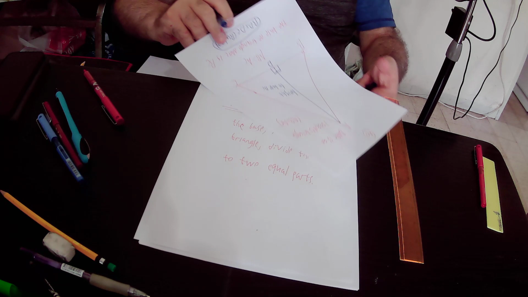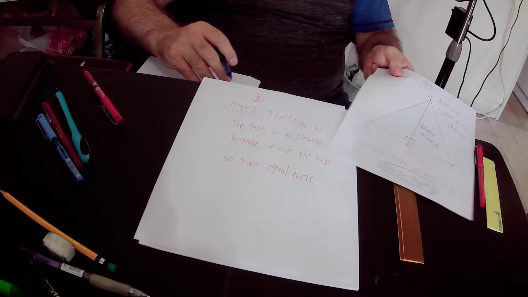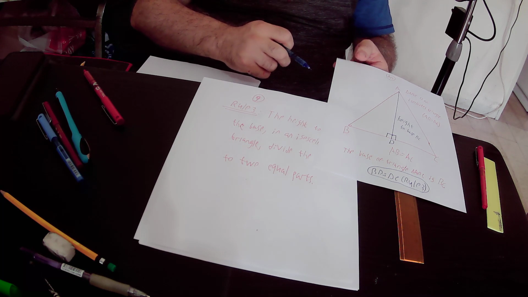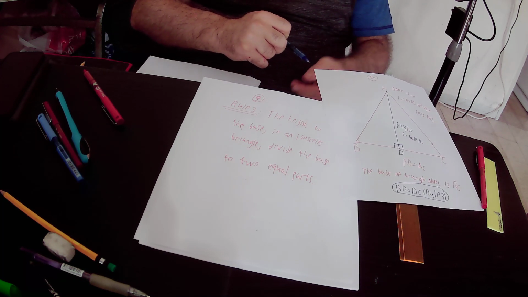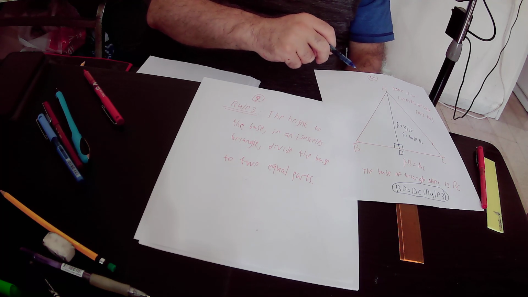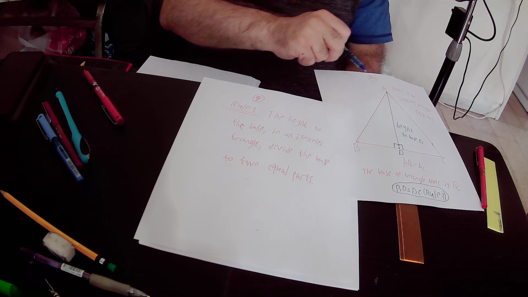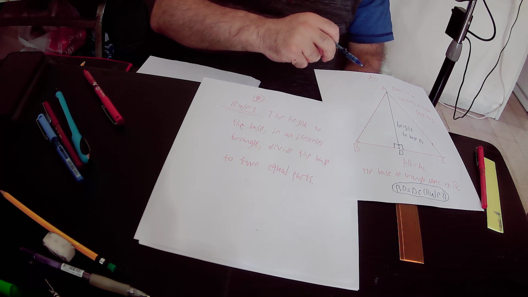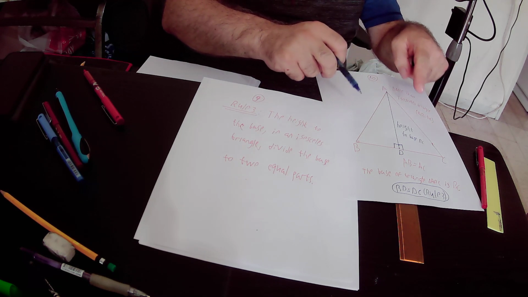Okay, so that is the meaning of rule number 3: if you draw a height to the base of an isosceles triangle like triangle ABC, then the height divides the base into 2 equal parts.